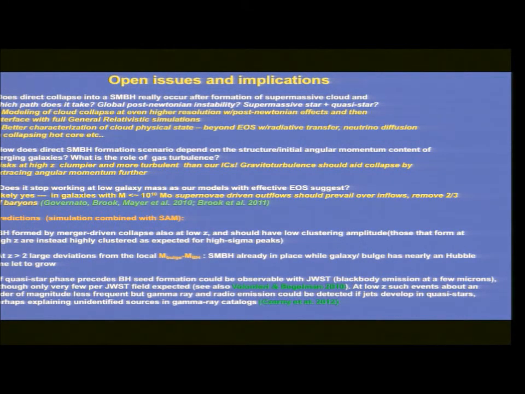Now, talking about possible observational predictions, if the formation of the seed goes through this quasi-star phase, there is an interesting prediction by Volonteri and Begelman that you could see some of these quasi-stars in JWST fields because they would emit like a black body at a few micron temperature.